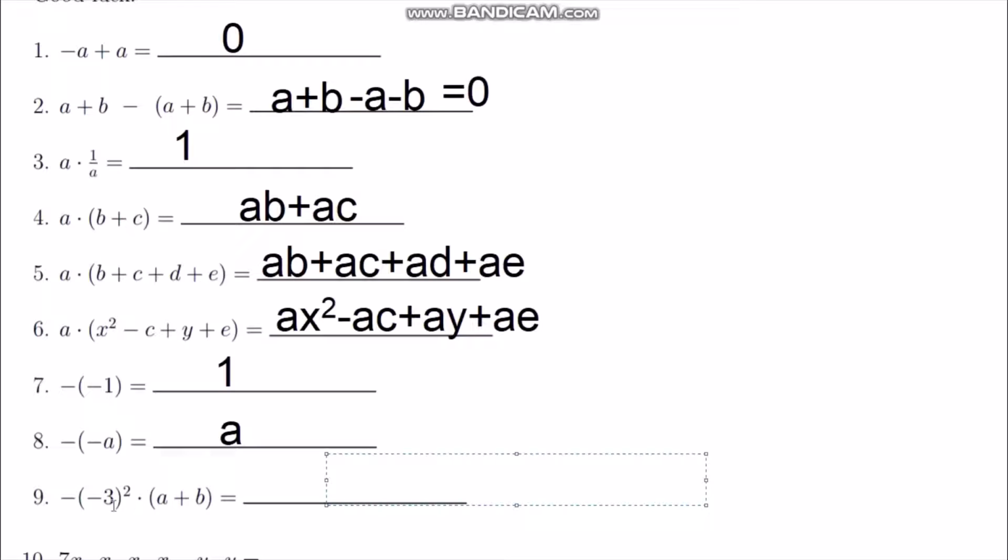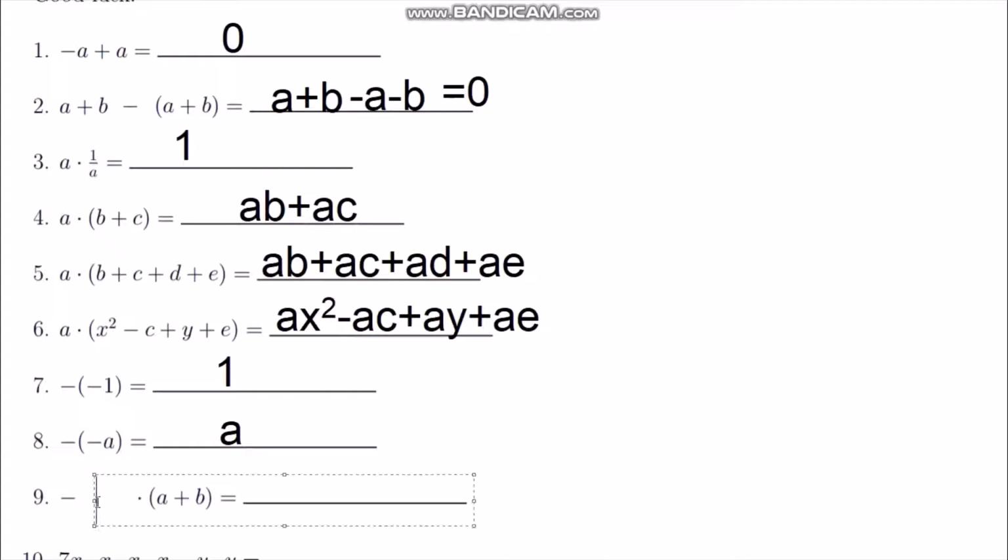Let's just look at the whole quantity. So the entire quantity, -3 squared. That number, if we have -3 times -3, that number really is 9. So that -3 squared, that number right there, really is just 9.